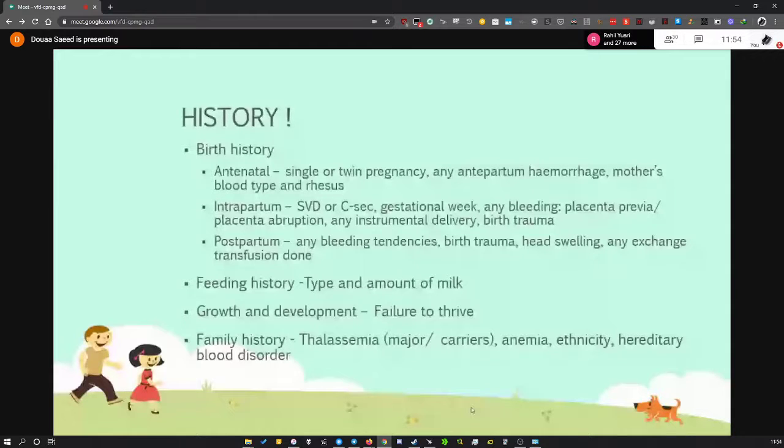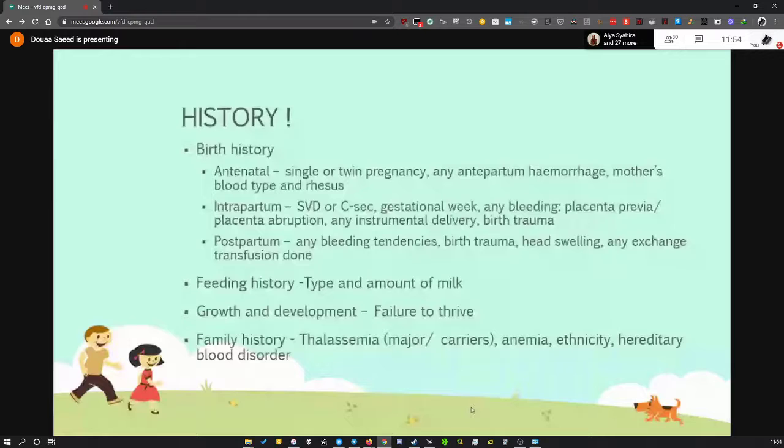In intrapartum, you want to know if it was a spontaneous vertex delivery or C-section. What is the gestational week of the baby? Was there any bleeding? Was there any placenta previa or placental abruption? Or was there any instrumental delivery that can lead to birth trauma? Postpartum, you want to know if there was any bleeding tendencies, birth trauma, any head swelling, any exchange transfusion done.